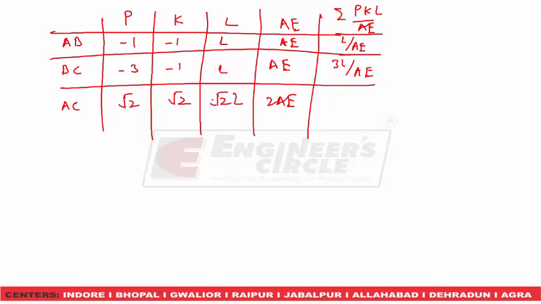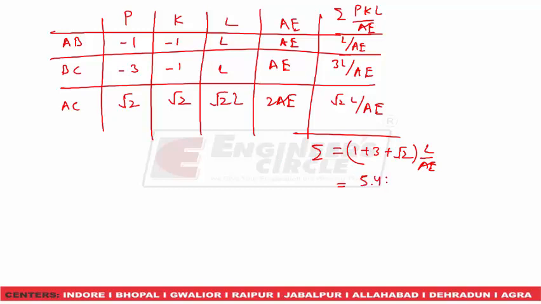And for AC, root 2 into root 2 by 2 comes out to be root 2 L by AE. So the summation will be L by AE into 1 plus 3 plus root 2, so this is 4 plus root 2, that is 5.414 L by AE.